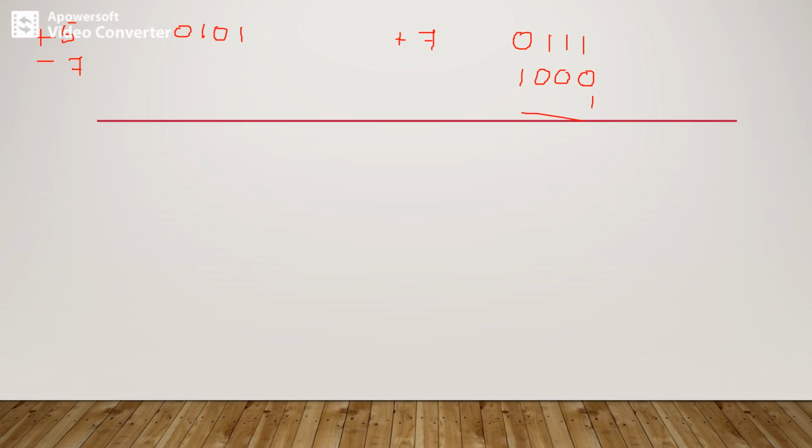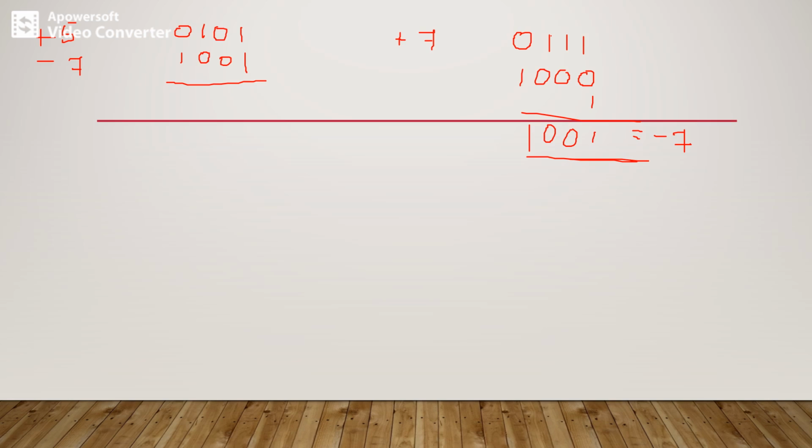Plus 1, so that is 1, 0, 0, 1. That is nothing but -7. So +5 is 0, 1, 0, 1 and -7 is 1, 0, 0, 1. We have to perform addition.